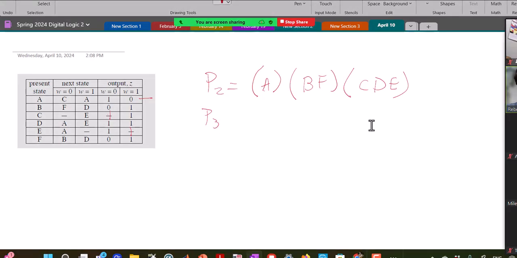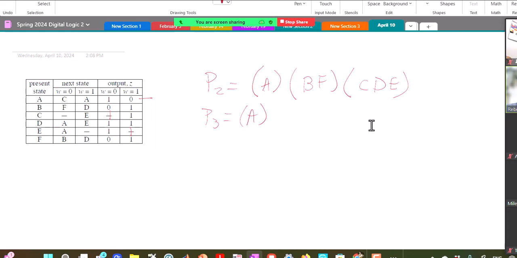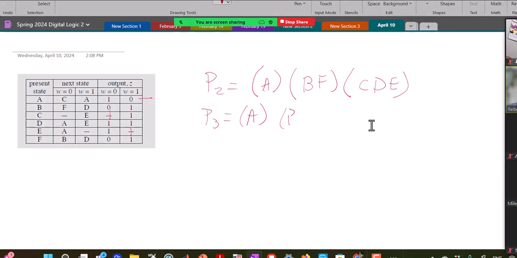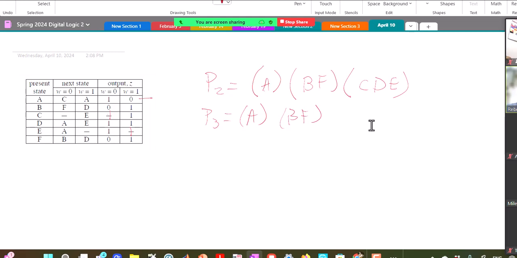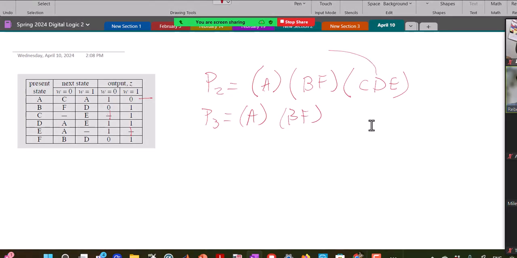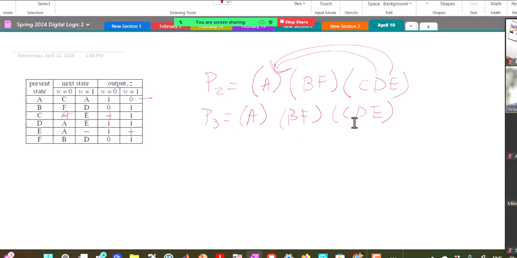And now let's check our 0 successors. A's fine. B goes to F, F goes to B, so they're going to stay in the same group. C, we don't know yet. D goes to A. E also goes to A, so let's let C go to A. So then they'll stay together. Now we'll check our 1 successors.